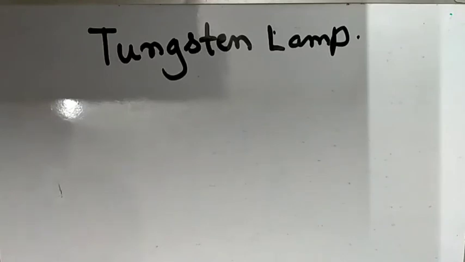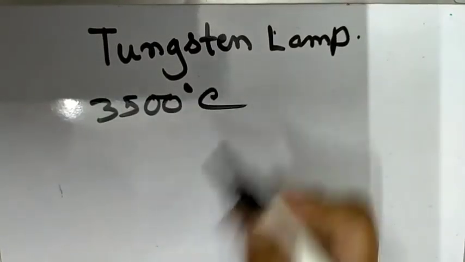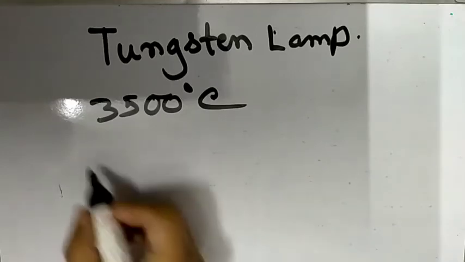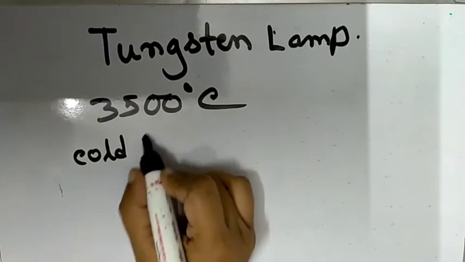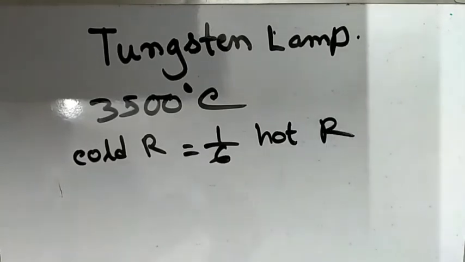Tungsten, with its melting point at 3500 degrees centigrade, is now universally adopted as a material for incandescent lamps. The safe working temperature of such a filament is 3000 degrees centigrade. The cold resistance of the filament is approximately 1/6 of its hot resistance.